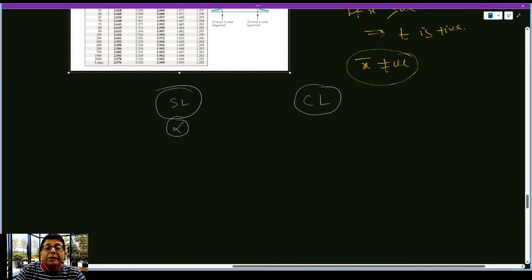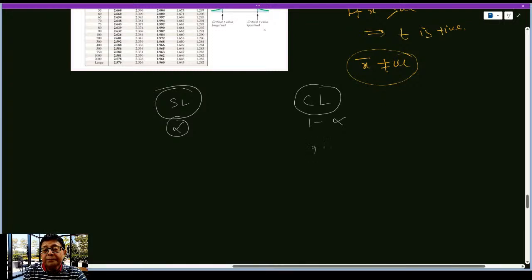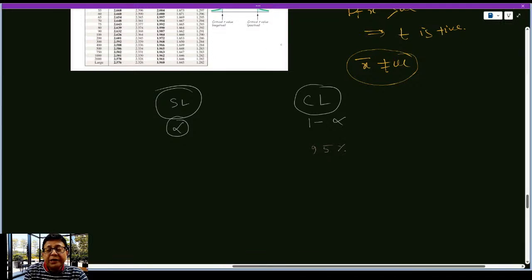If significant level is alpha, confidence level will be 1 minus alpha. It means if you are 95% confident, confidence level 95%, then the significant level is 5%, where you are not confident. If it is 98%, then 2% it is not.